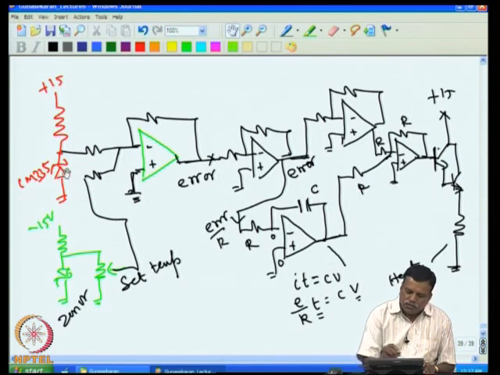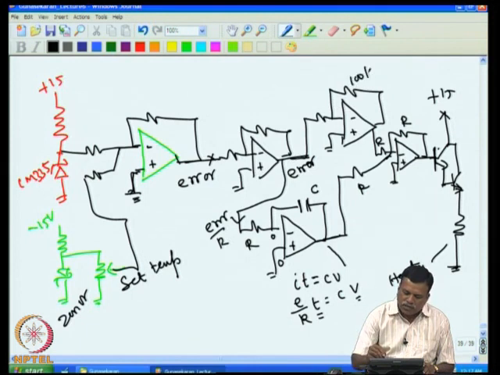So the error voltage will be high, and there is a gain, because we don't keep this 1:1. For example, I will put here 100k and 1k, that means I am giving a gain of 100 in the proportional stage. So you will have a high voltage here.